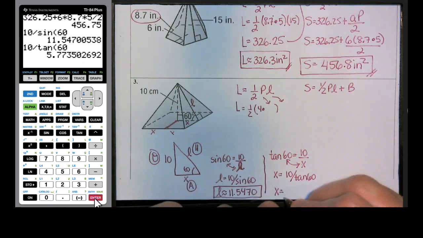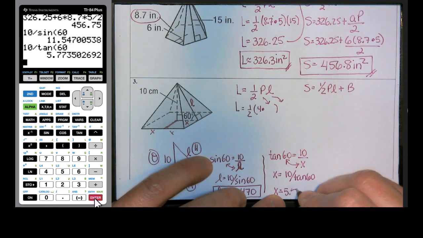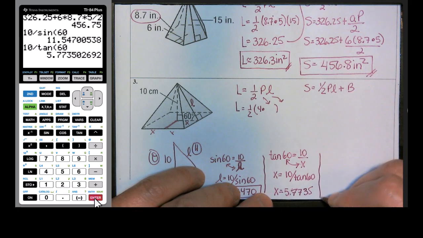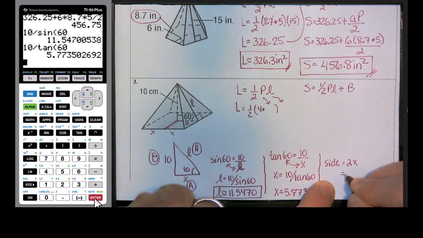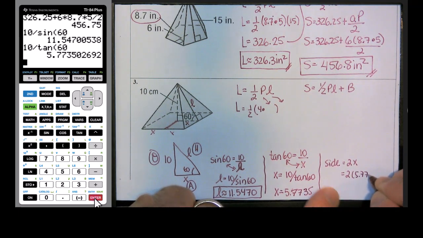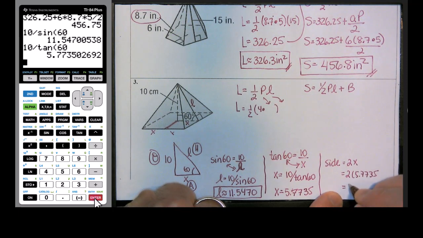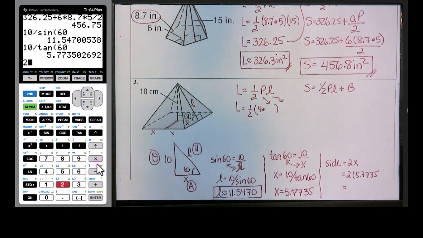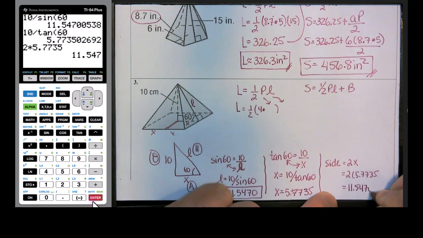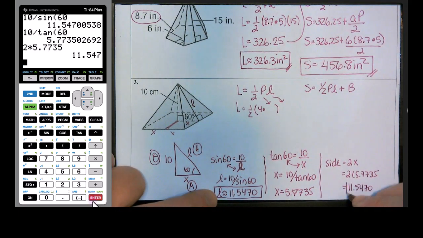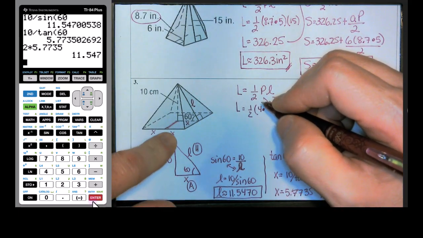We get 5.7735. Now, the side is 2 times X, which is 2 times 5.7735, which gives us 11.547.